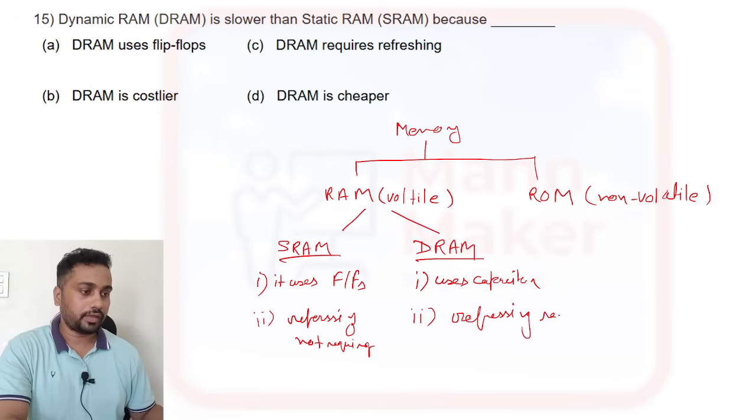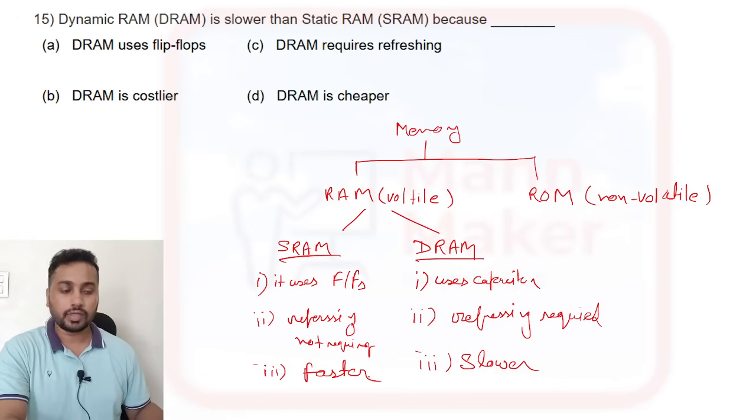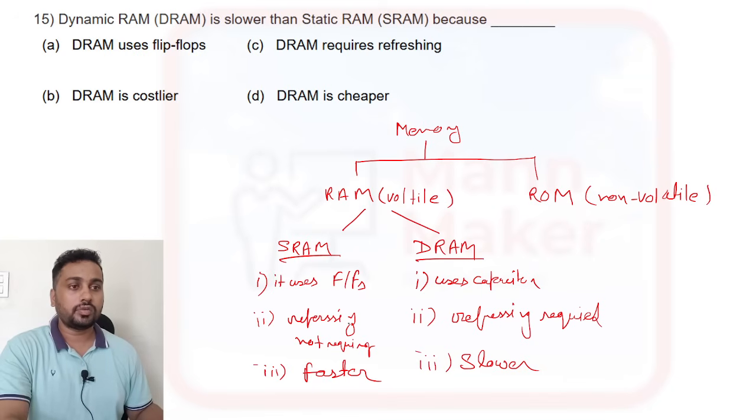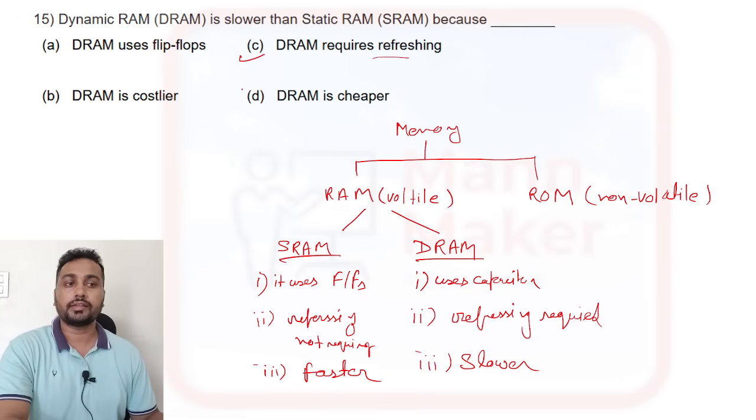Because refreshing is required, it is slower, and here refreshing is not required, that's why SRAM is faster than DRAM. So from here you need to write option C: DRAM requires refreshing, that's why it is slower than SRAM.